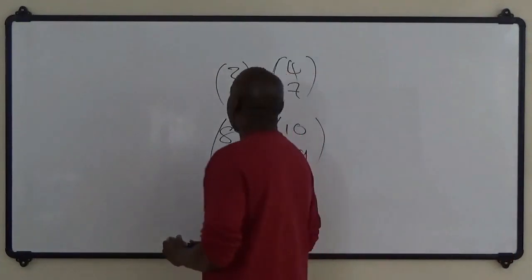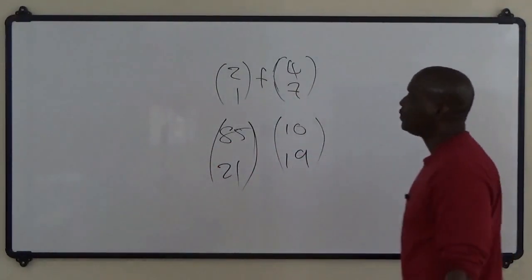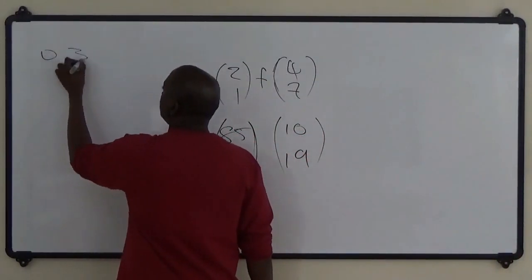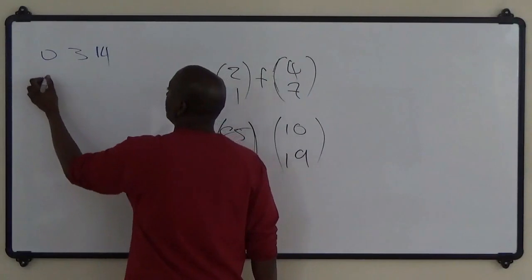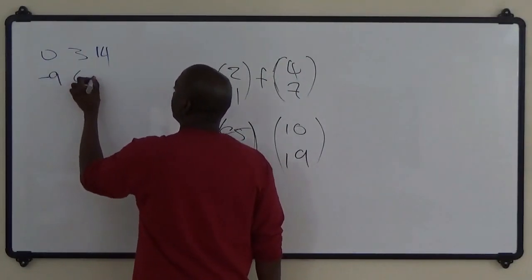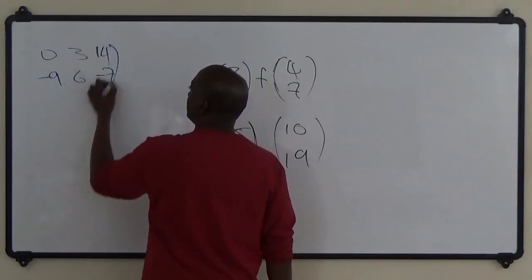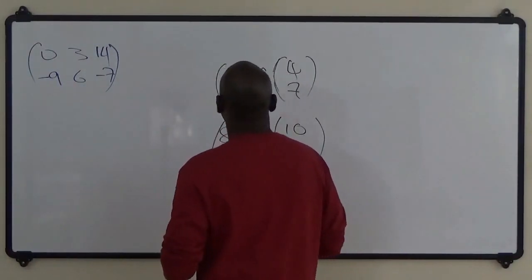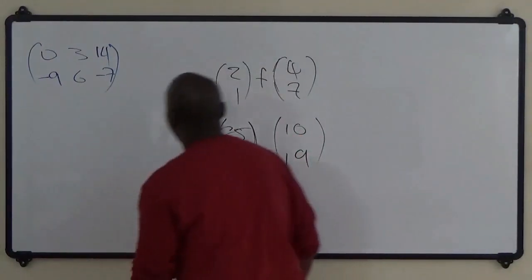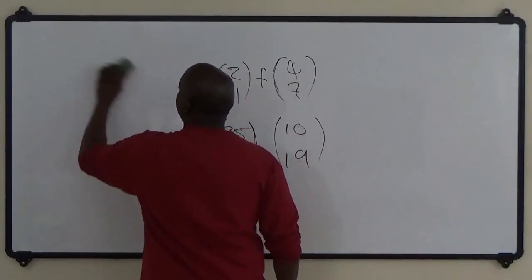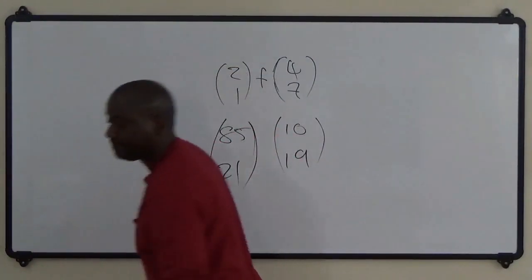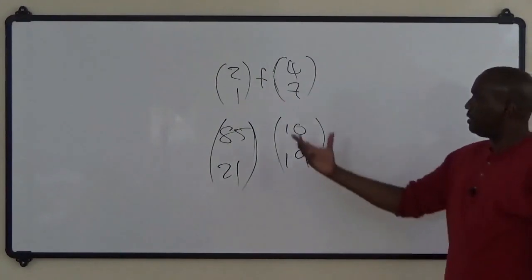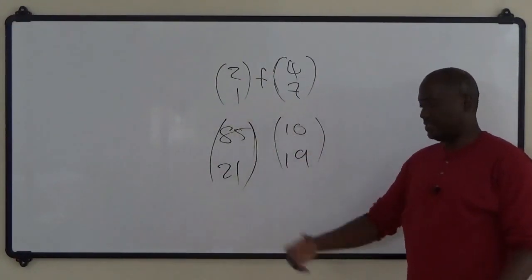Let me say a 2 by 3, 2 rows by 3 columns. How about 0, 3, 14, minus 9, 6, minus 7, 2 rows by 3 columns. We're running out of space there, so we will skip that for the time being. So let me start with our small friends across here. You could add these two and you could add these two.